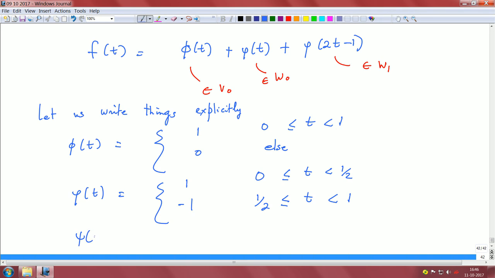And psi of 2t minus 1 is 1 from 1 half less than or equal to t less than 3/4 and minus 1 from 3/4 less than or equal to t less than 1, and I have to put a 0 else here just to be consistent.